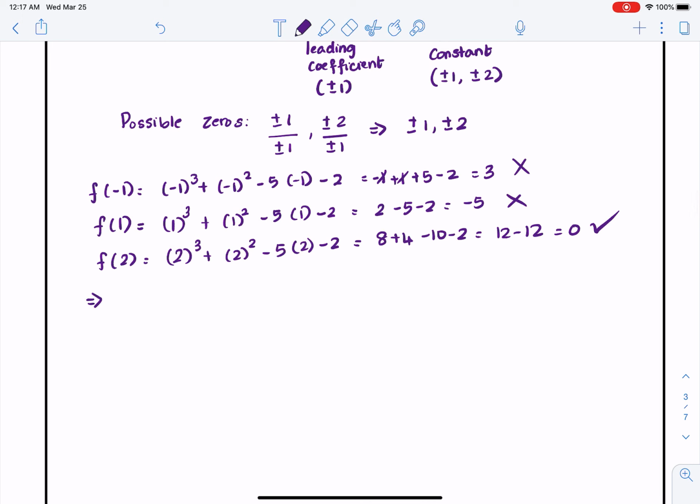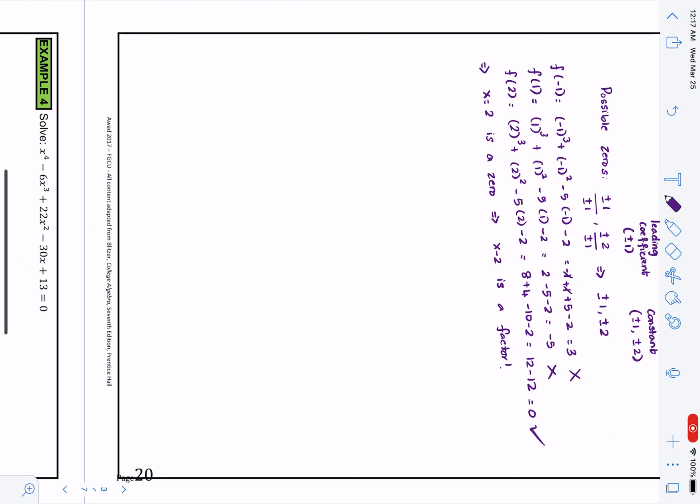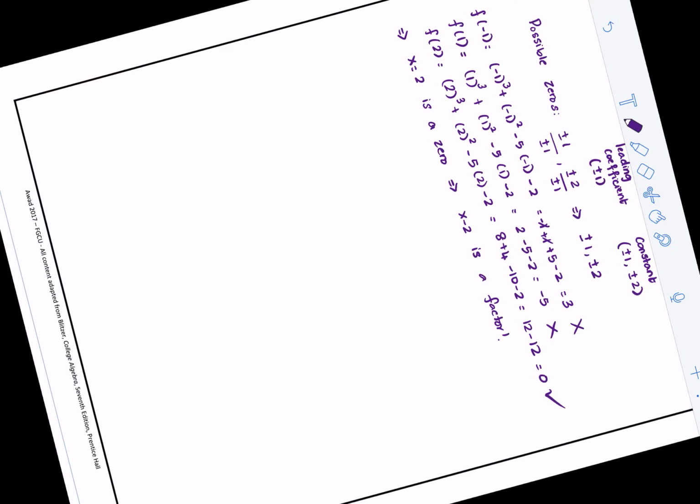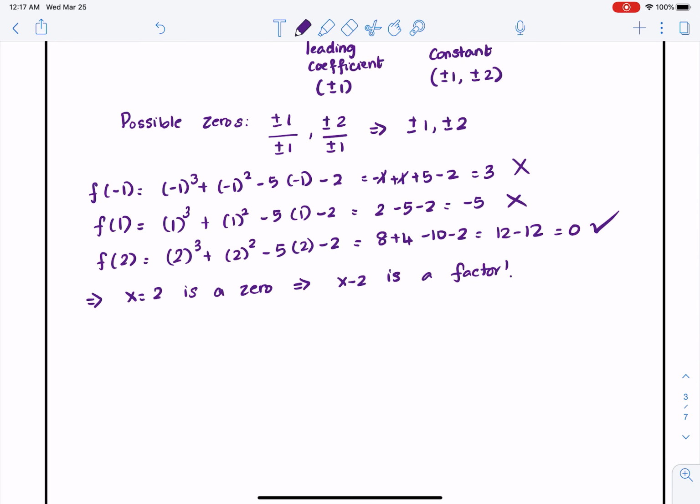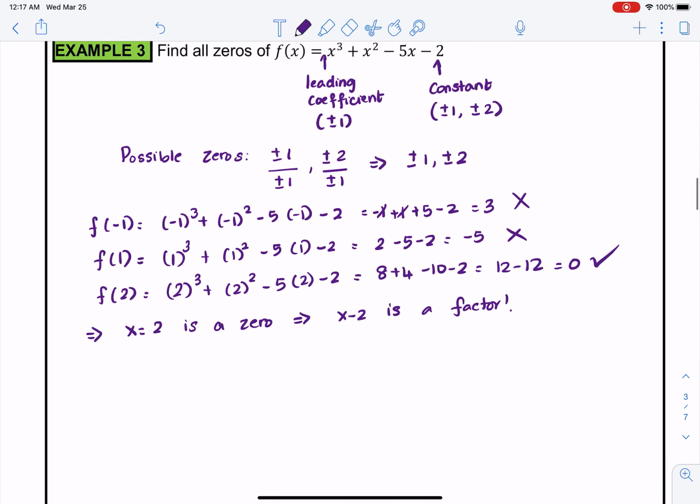This would imply x equal to 2 is a zero, which would mean x minus 2 is a factor. So we can divide the polynomial by the factor to find the other zeros.